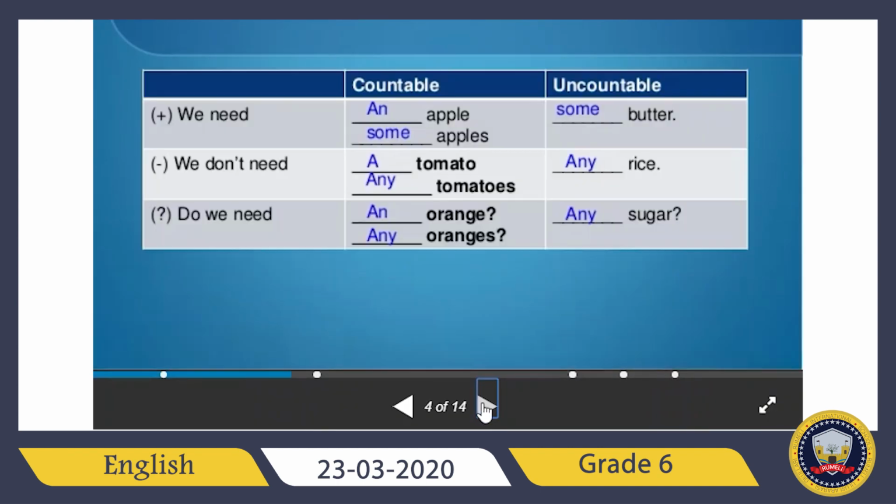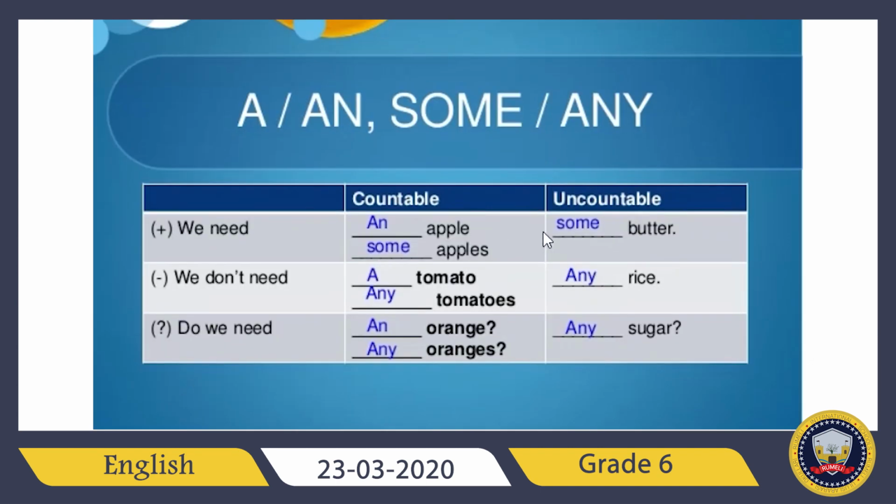The other slide that we should be very cautious about is the use of a or an, some and any. A or an, as you know, are used for countable nouns. Some and any can be used for both of them. Please be careful about the usage of some and any.